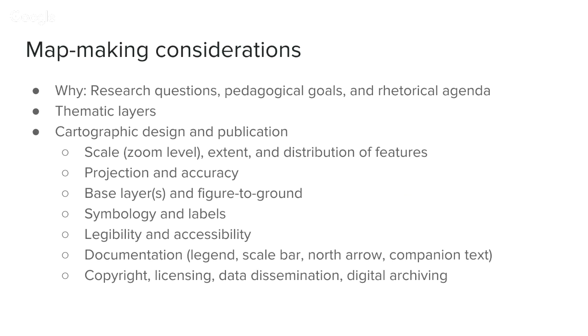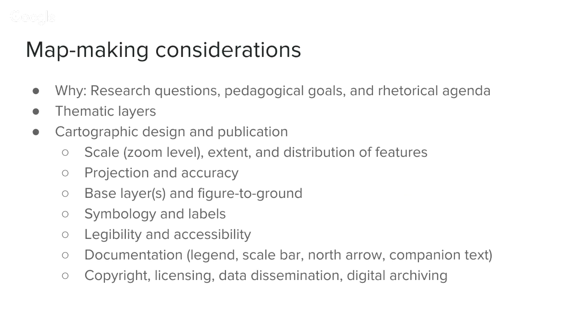So this is how many units on the map correspond to how many units on the Earth's surface. You have to think about what the extent of the map will be, how many pixels across, or how many inches across in your book, and how those two elements, scale and extent, interplay together in terms of how big your labels can be, how many points you can have, how close to each other, and so on.